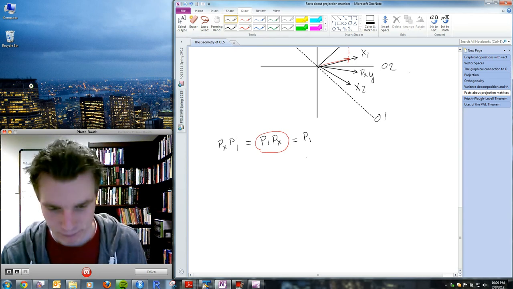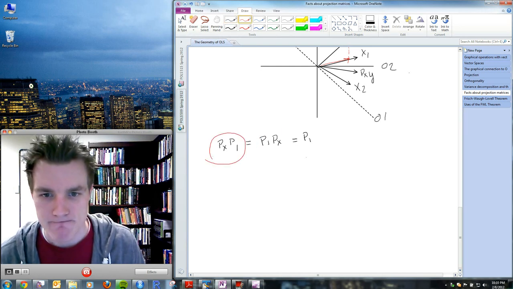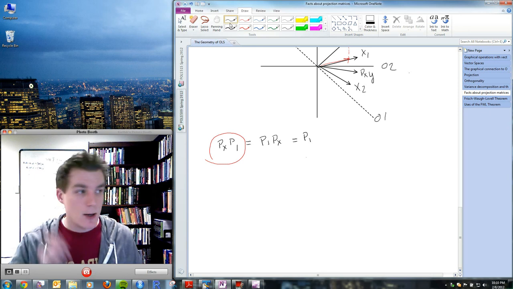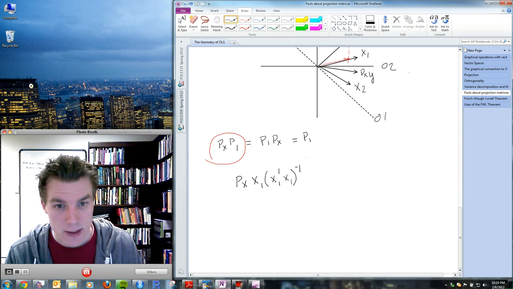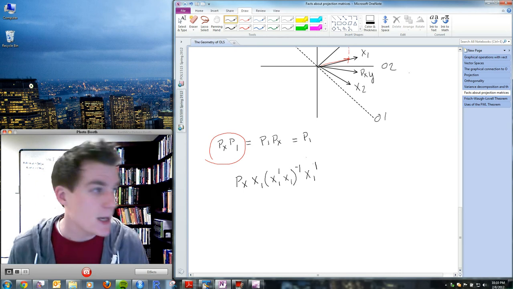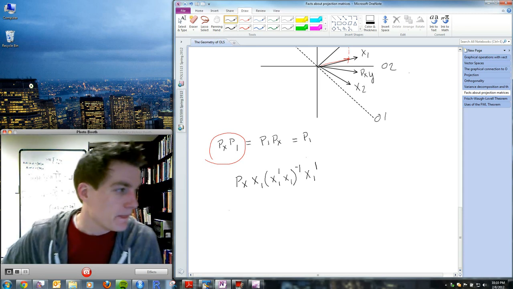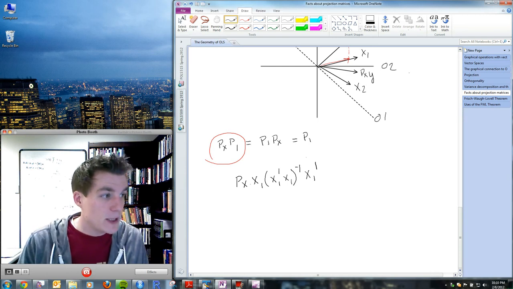What is P1? P1 is x1 times (x1 transpose x1) inverse times x1 transpose. This is just the longhand definition of P1.